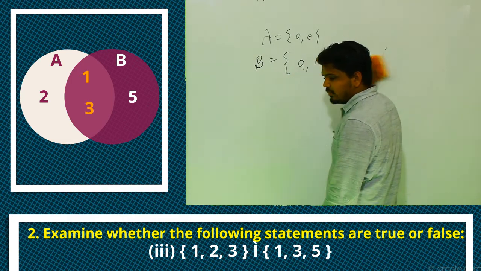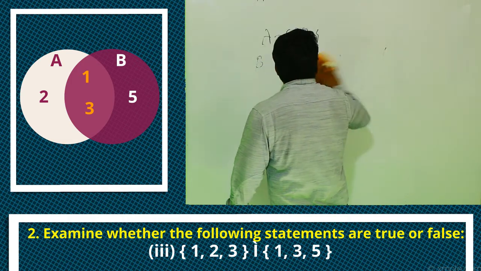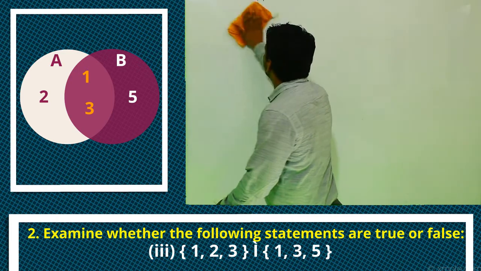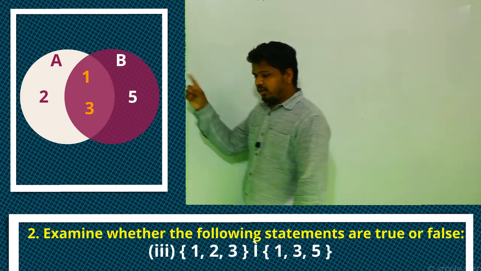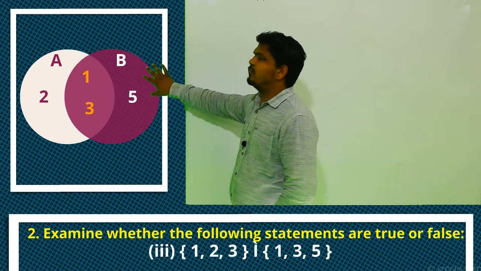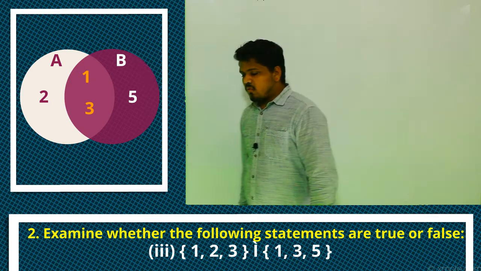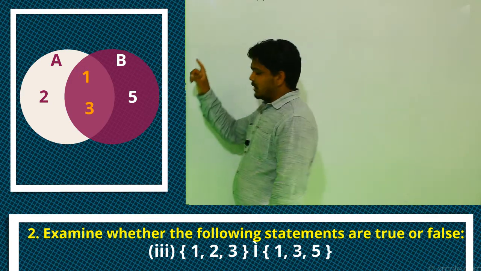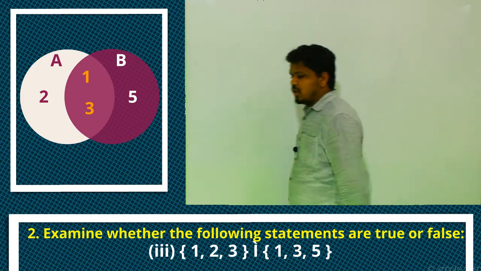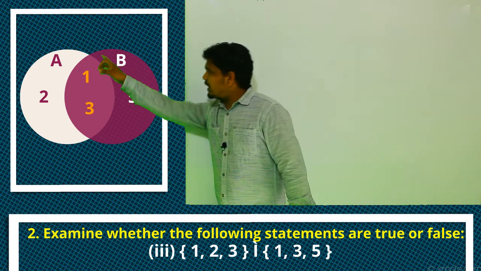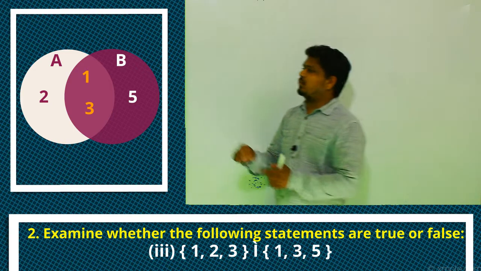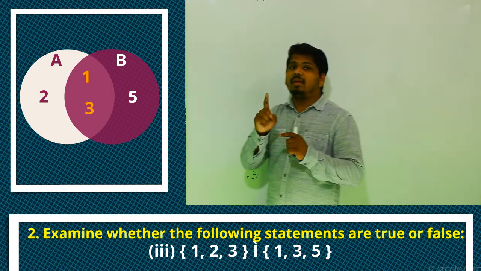Now what the third example indicates is that two sets are given. The first set consists of 1, 2 and element 3, and the next set consists of 1, 3 and element 5. Just look here. What you can see: 1 belongs to A and 1 also belongs to B. Now what about 2? 2 is in A but 2 is not in B. Therefore you cannot say A is a subset of B, since there exists at least one element.